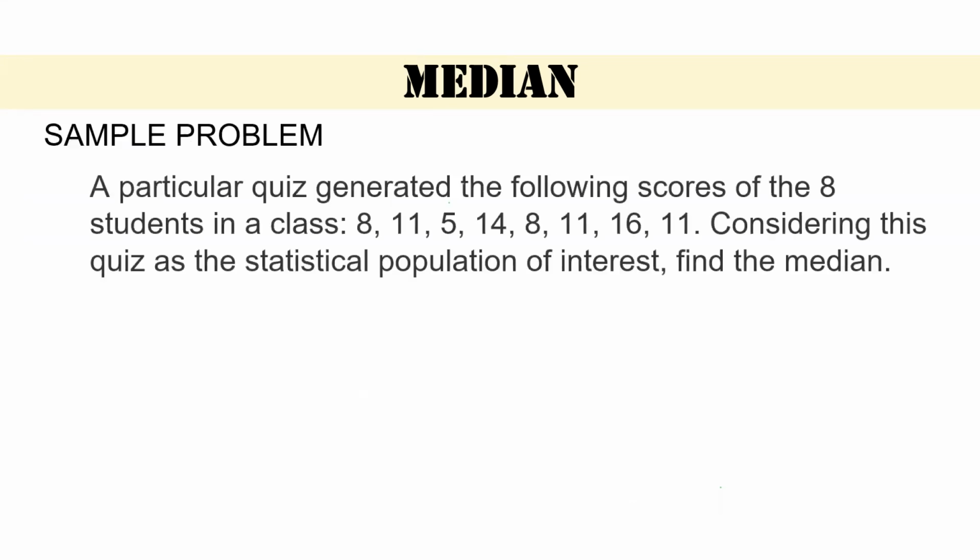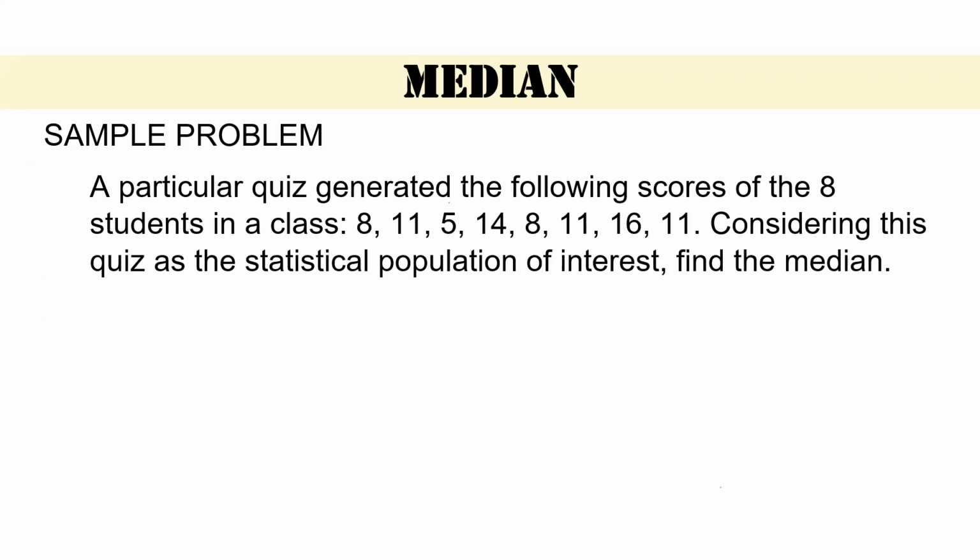All right. For example, a particular quiz generated the following scores. Same as before. Find the median. First and foremost, what should we do? Because remember, we can do this only if it is an array. We will arrange, sir.